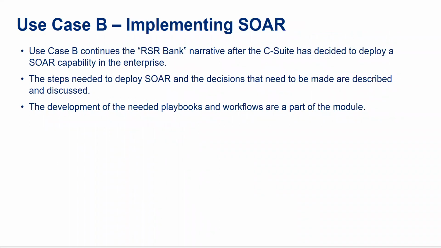And use case B is more of a technical level exercise, looking at actual implementation. So it continues the RSR bank narrative, and this is after the C-suite has decided to deploy a SOAR capability in their enterprise. It walks through the steps needed to deploy SOAR.